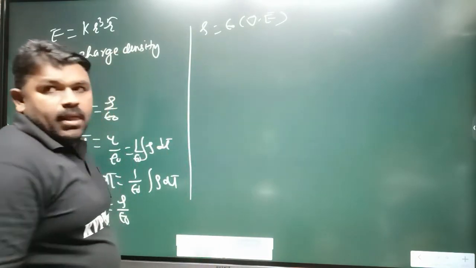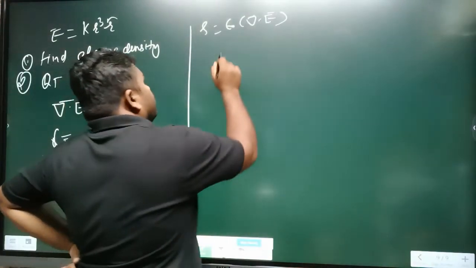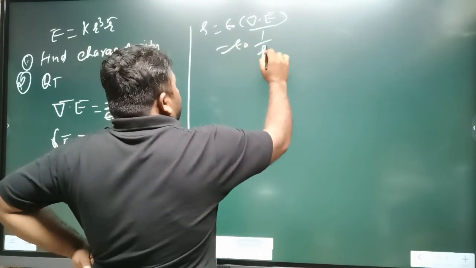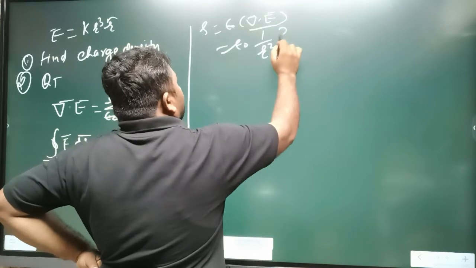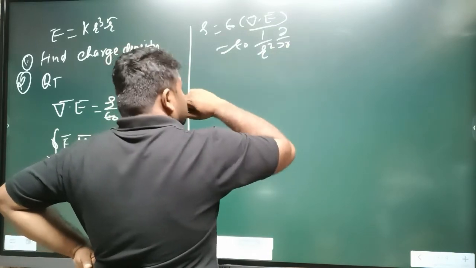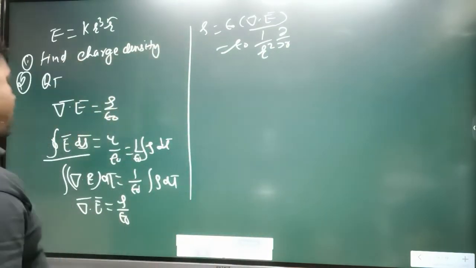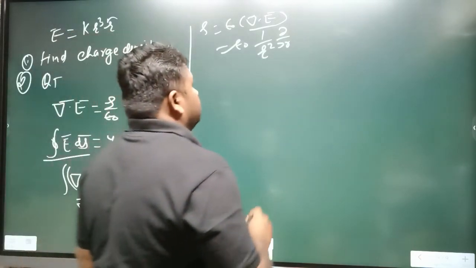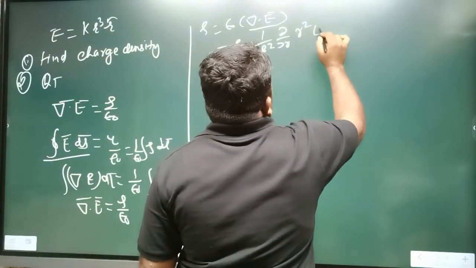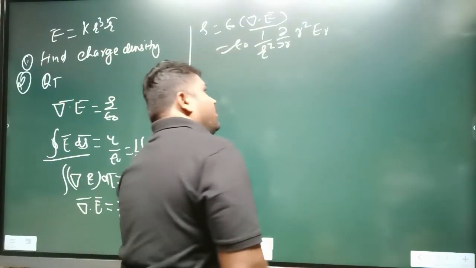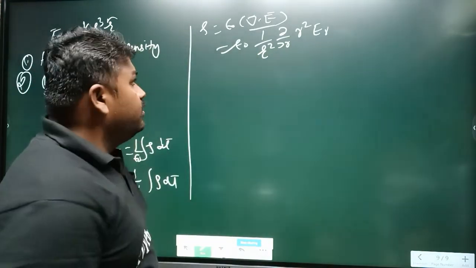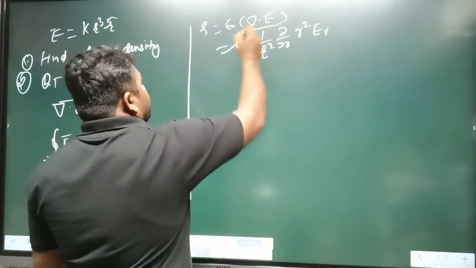Okay. In spherical system, del bar dot E bar is equal to 1 by r square dab upon dab r of r square E of r. Similarly, like that E of theta, E of phi. But here this part will be changing. Okay. Means what is the rho? Rho is equal to del bar dot E bar.